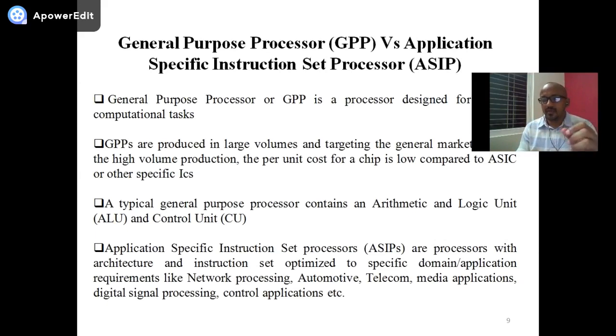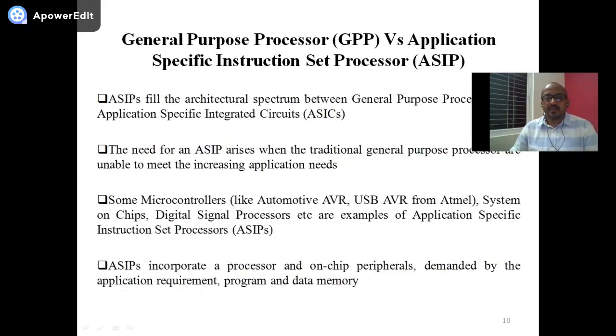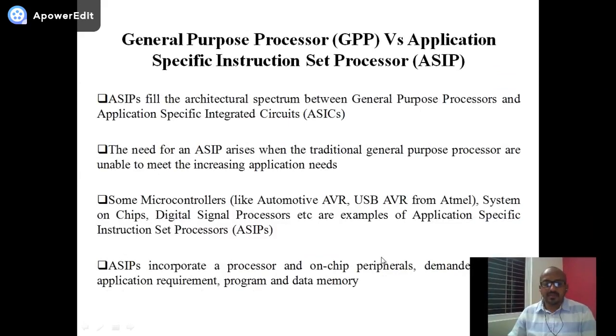For the telecom domain, we consider how many instructions are required, and even if you reduce the number of instructions, it will reduce the circuitry. That is why, based on the domain, the instruction set is optimized. Examples of application specific processors are the automobile AVR and the USB AVR for ATMEL systems.